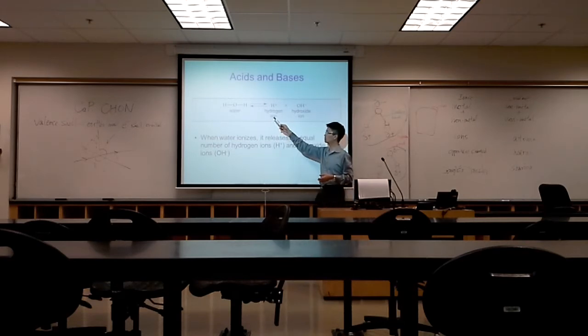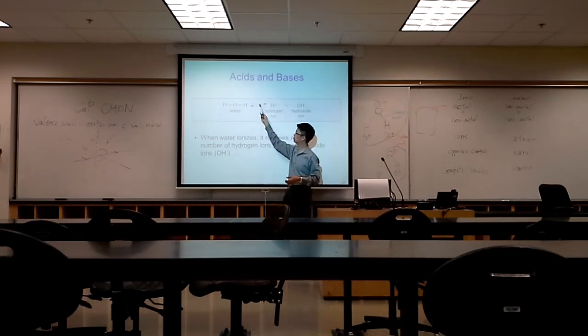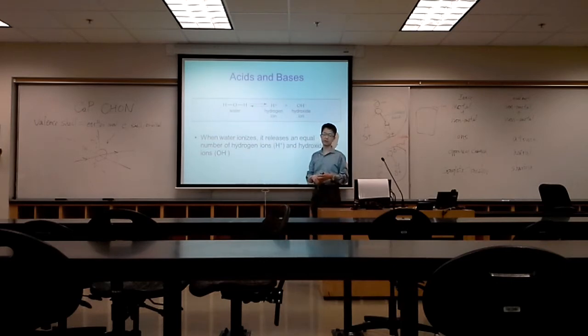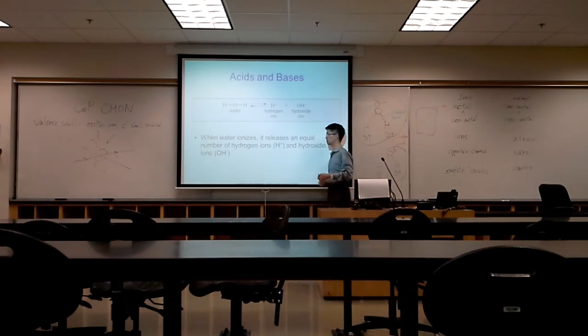So water can dissociate into hydrogen ions and hydroxide ions. And we have this reversible arrow, meaning that this dissociation is a reversible reaction: a neutral water molecule can become a charged hydrogen ion and charged hydroxide ion, and this reaction can also go back from charged ions to become a neutral molecule.